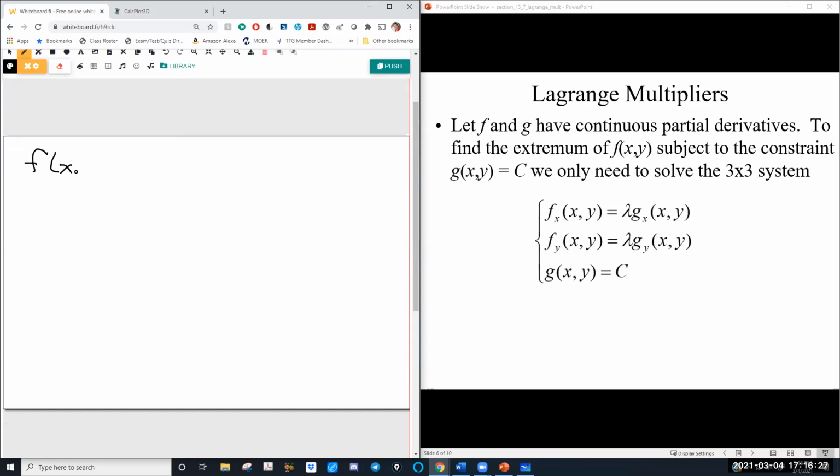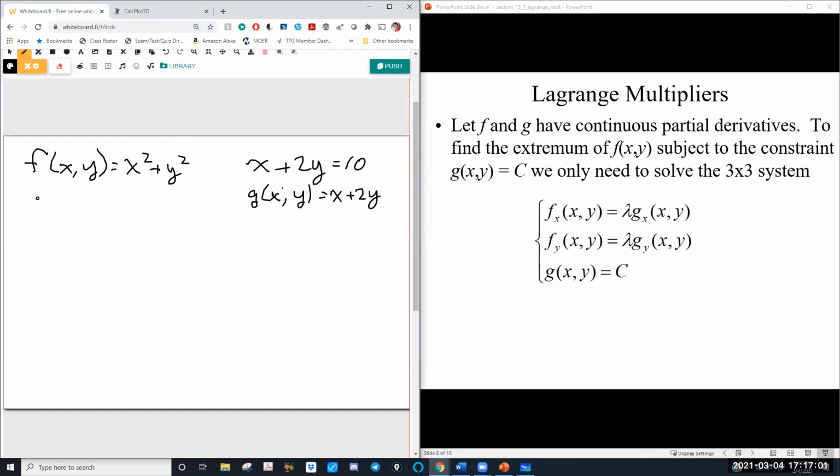So I had given you f of x, y equals x squared plus y squared, and the constraint was x plus 2y equals 10. So what we do is we say, okay, we're going to let g of x, y equal x plus 2y.